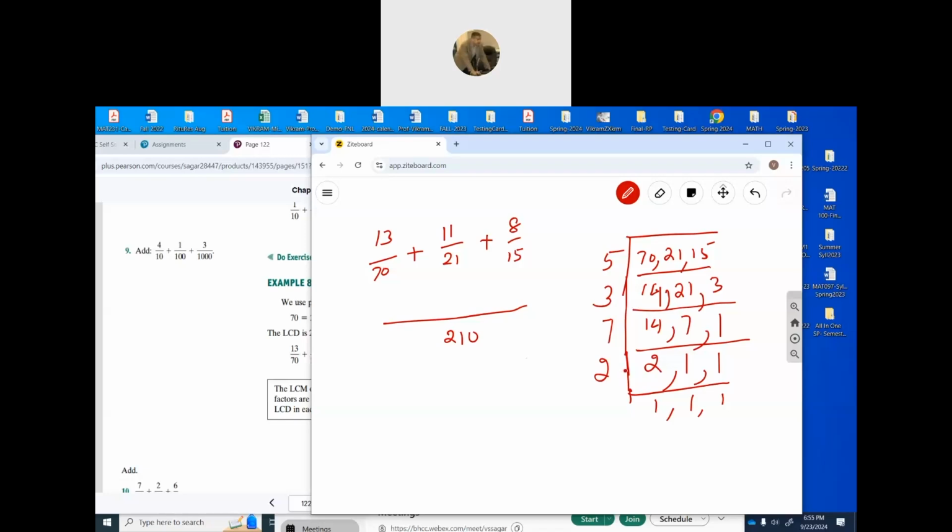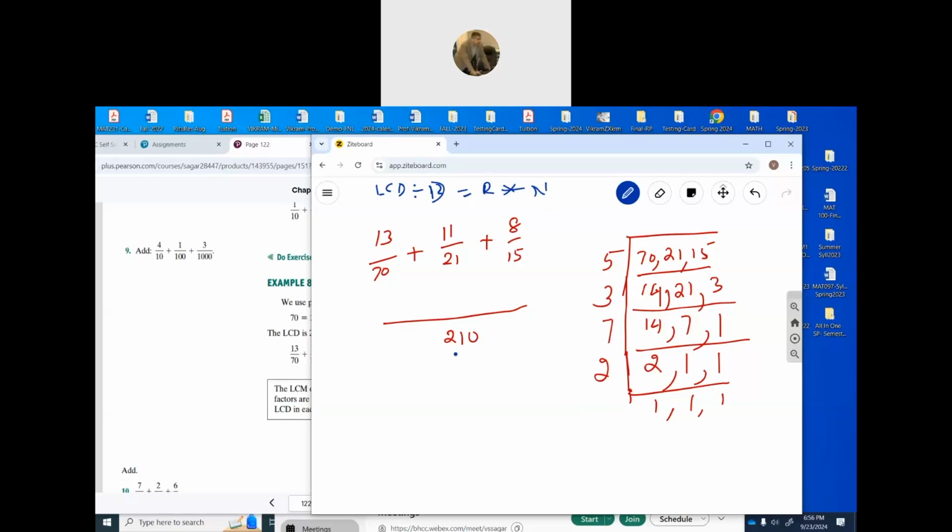Okay, so this is our LCD, right? And now the same formula. Let's do it. I'm going to write down here: LCD divided by my denominator and times my numerator.